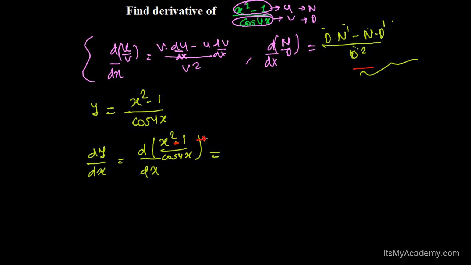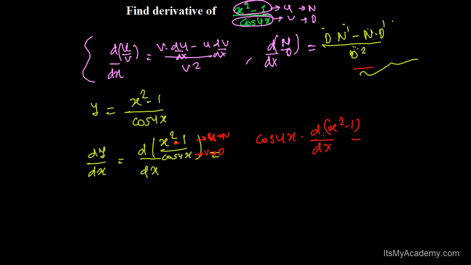If I'm doing this by the u and v method, this will be your u and this will be your v. And if you want to do this by numerator and denominator, you can represent this as the numerator and this as the denominator. Let's use d n dash minus n d dash. Here d means denominator, and n dash means derivative of numerator, so it is the derivative of x square minus 1 over dx.